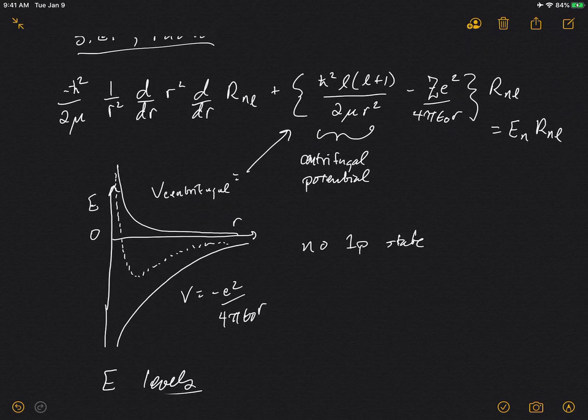But it turns out there is a solution to this. You can come up with a function that, when you take the derivative of it, multiply it by r squared, then take the derivative again, then multiply by 1 over r squared, you end up with something that cancels the centrifugal potential and the Coulomb potential, and so therefore ends up being an eigenfunction of the Hamiltonian.